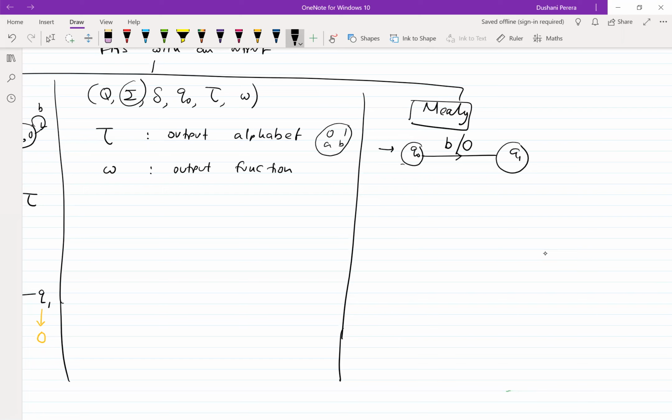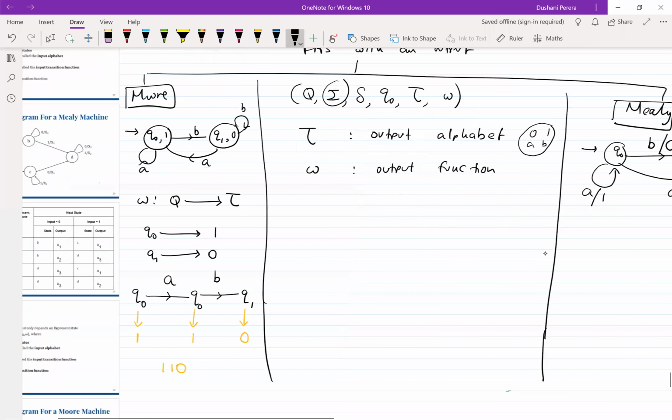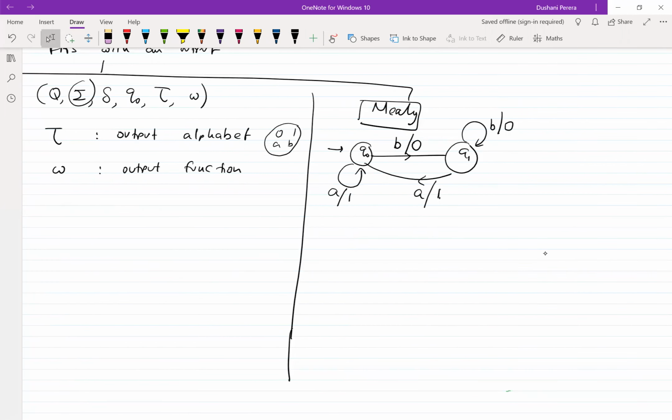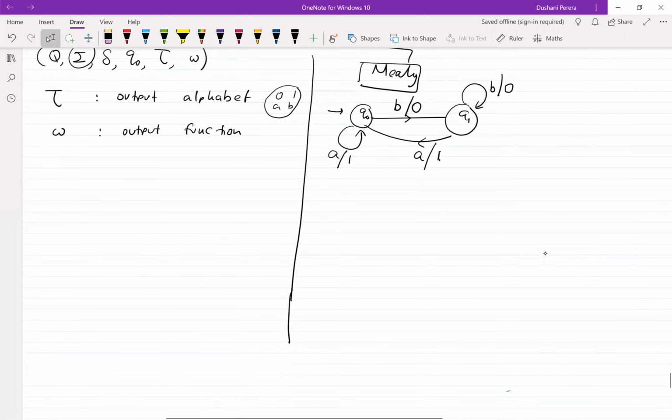Here, if you take A, the output is 1. If you take B, the output is 0. When you give A, you come back to Q naught and the output is 1. So in the Moore machine, output is associated with the state, and here the output is associated with the transition. Got it? Here omega works as you have a state and a symbol from the alphabet, and those two together give you an output.